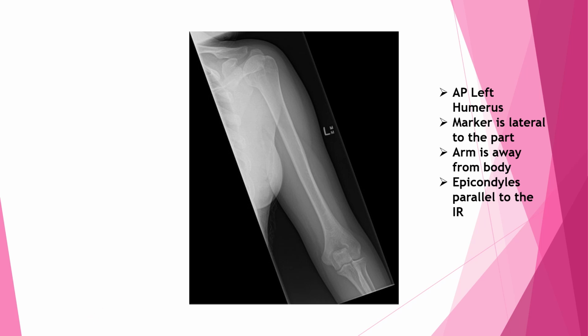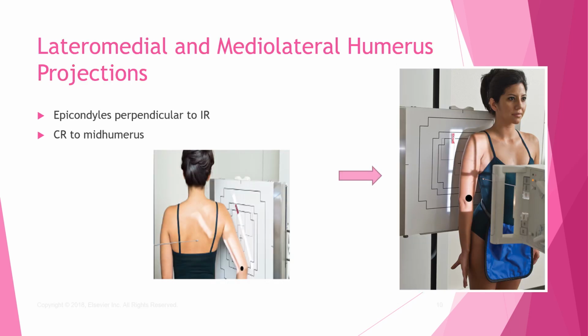Along with the AP, on most long bones, we have two views at 90-degree angles to one another. So along with the AP, we would have the lateral humerus, okay? And these are on page 186. Now, this particular image right here goes with figure 5.31 on page 186.